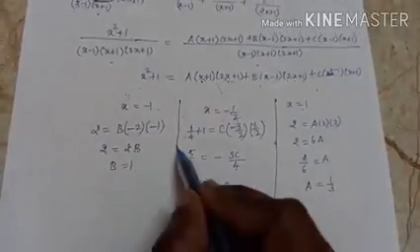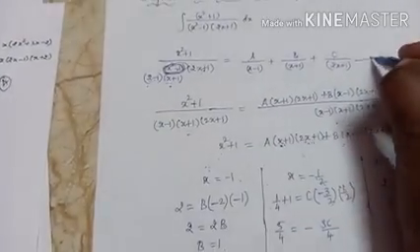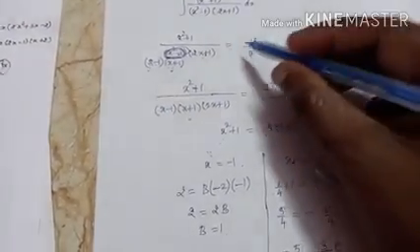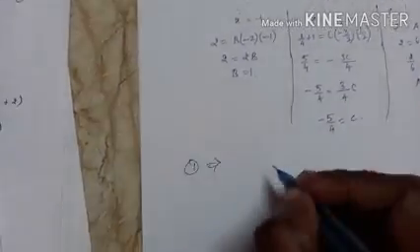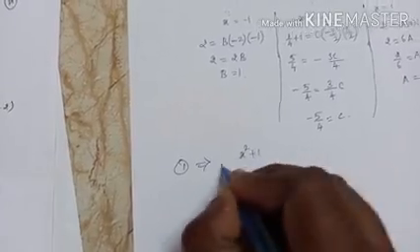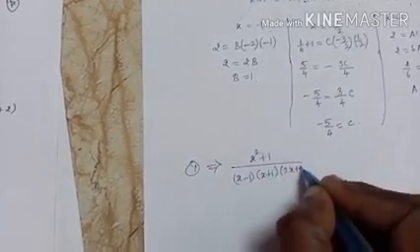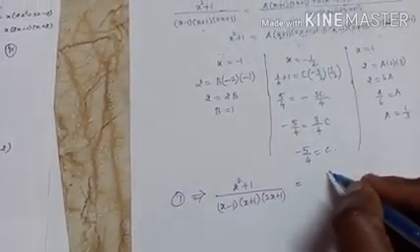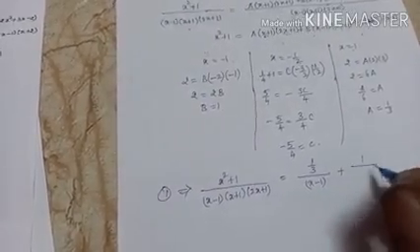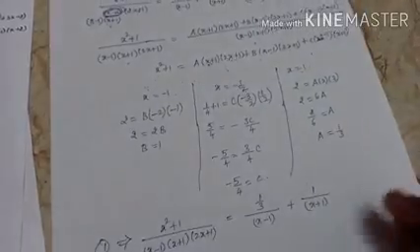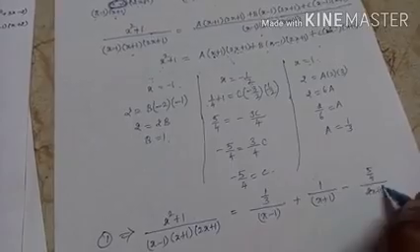So after finding a, b and c, substitute the values of a, b and c in the first equation. Okay. Let us substitute it in the first equation. The first equation becomes x square plus 1 by x minus 1 into x plus 1 into 2x plus 1 is equal to a by x minus 1, b by x plus 1, c by 2x plus 1.